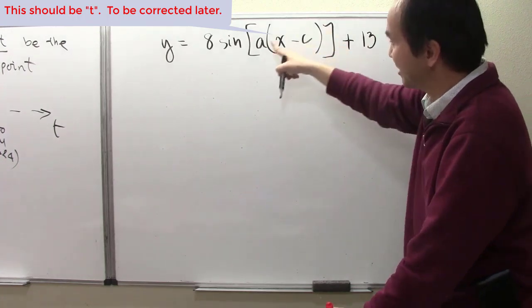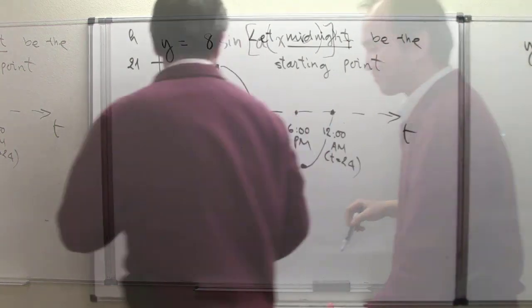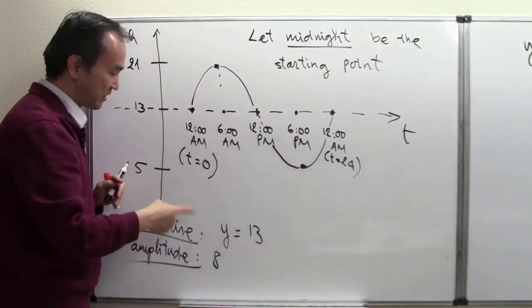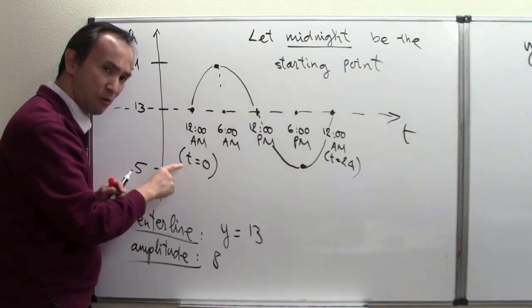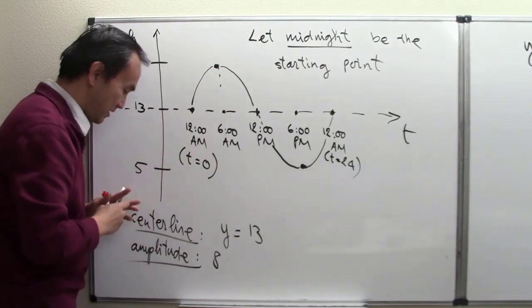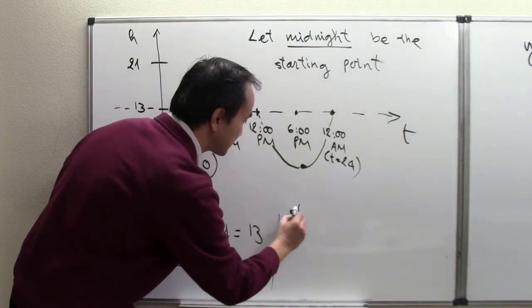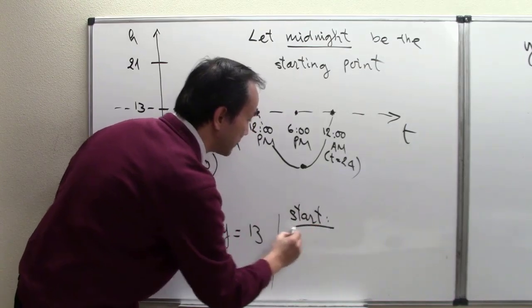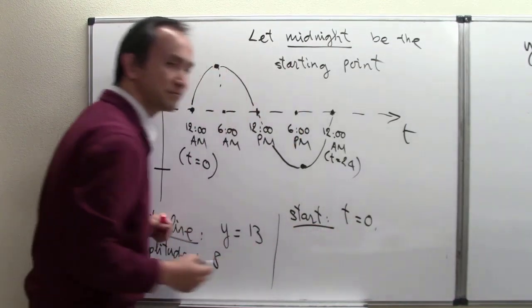All right, so now let's simply find the value for a and the starting point. For this graph, as I said earlier, it's an application problem, so we can always purposely choose the starting point to be the time point t equals 0. So that means further information I have: the starting point is at t equals 0.